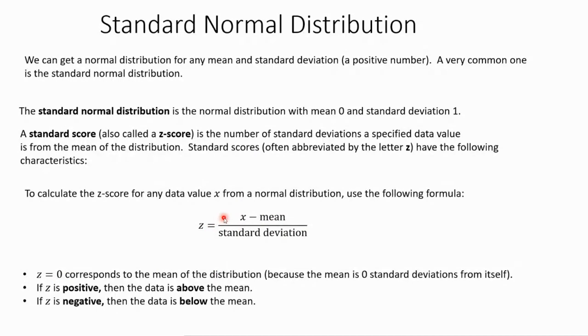If z is positive, then the data value is above, greater than the mean, because you're a certain number of standard deviations greater than the mean. If z is negative, then the data value is below the mean. So z-scores do come into play. They are very important. We'll see that today.